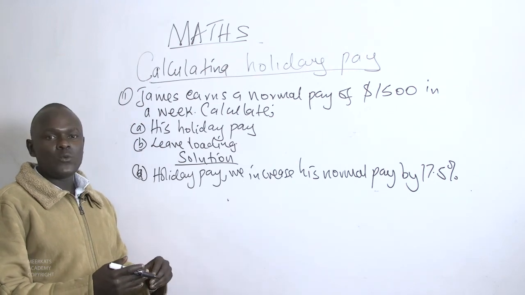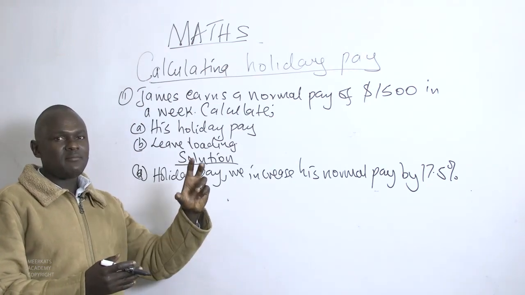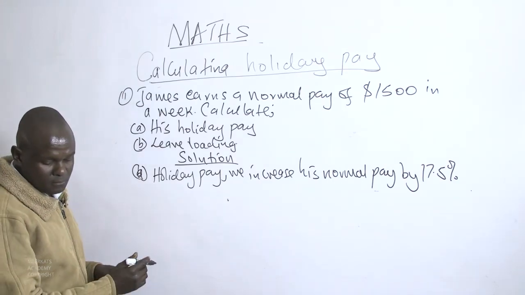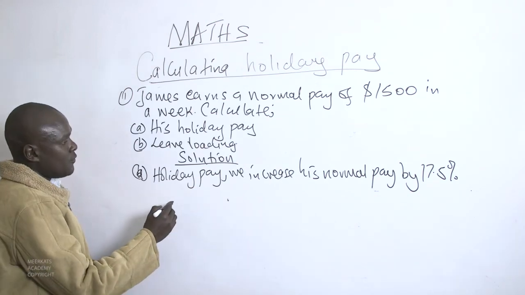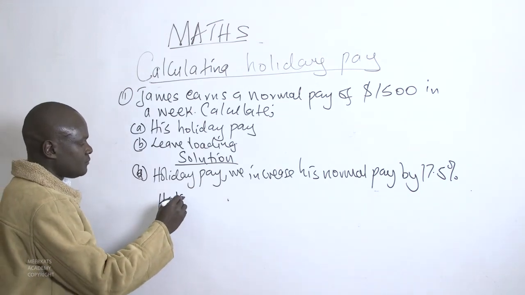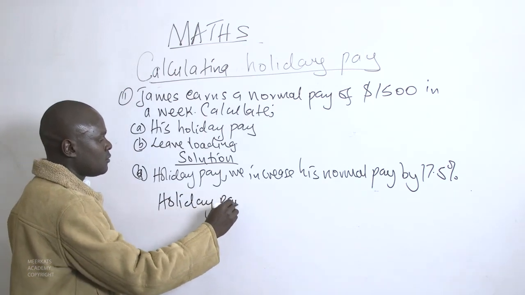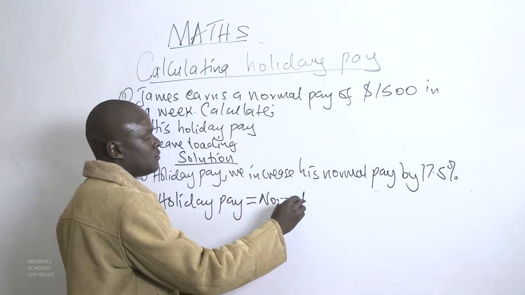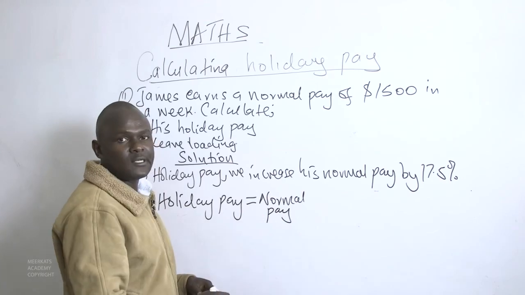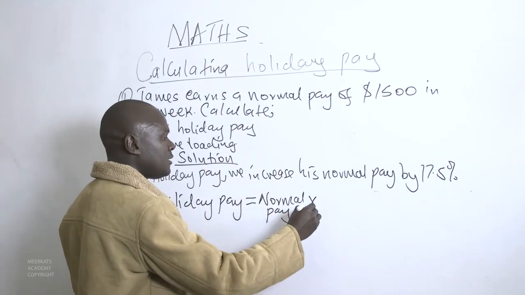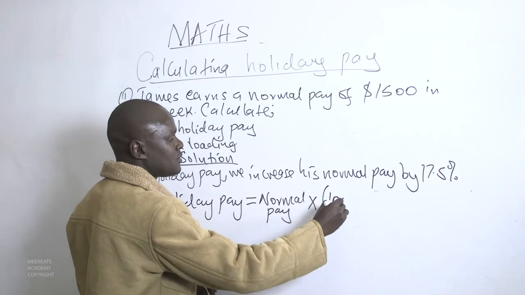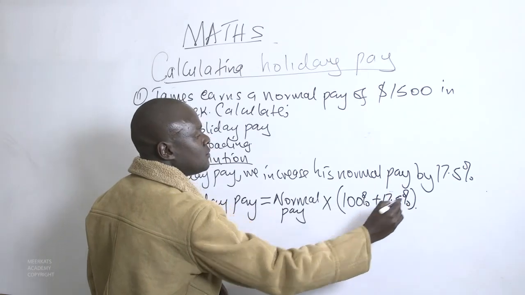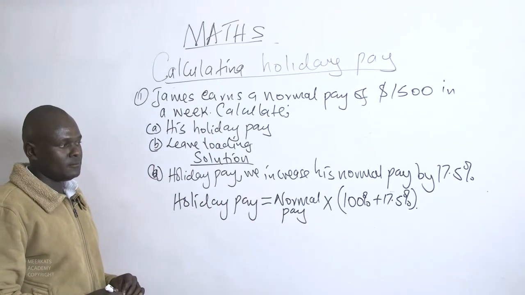So the holiday pay will be the new, higher percentage. The holiday pay will be the normal pay, which is taken to be 100%, multiplied by the new percentage, which is 100% plus 17.5%.